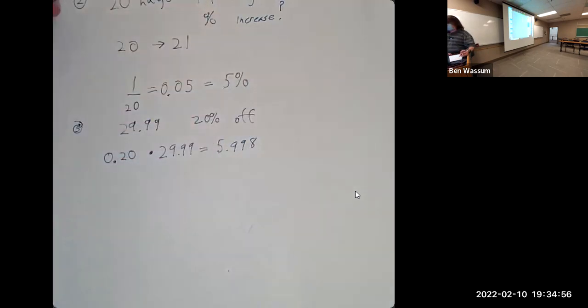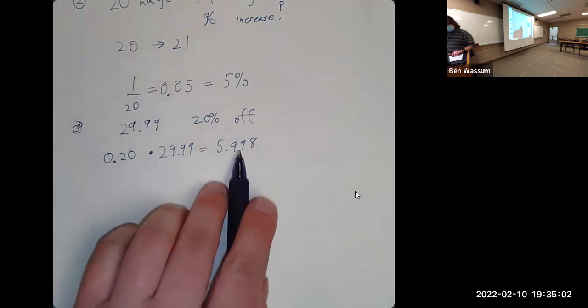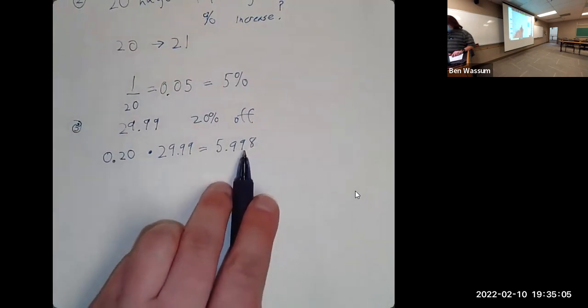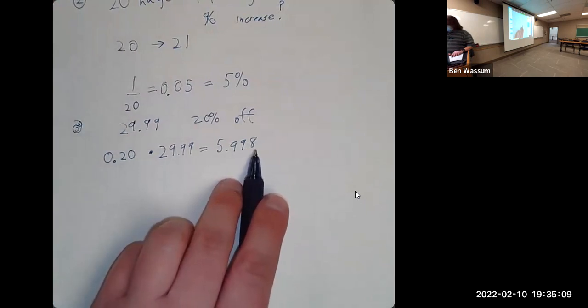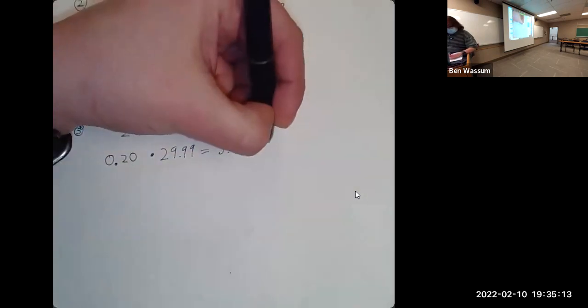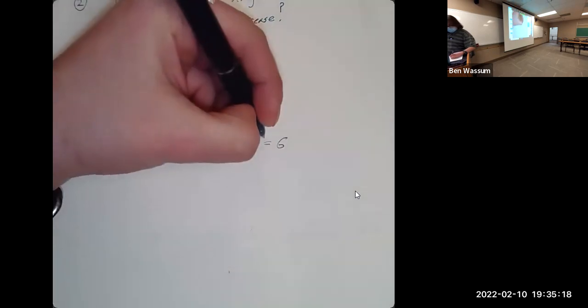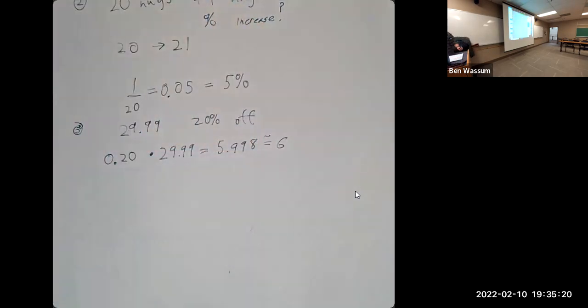And we get 5.998. I'm pretty sure we can round that, right? We're talking about dollar amounts, so you would normally round that to the second digit, right? Well, that's going to round this up, which will round this up, which will round this up. $6. That's about 20% of $29.99.